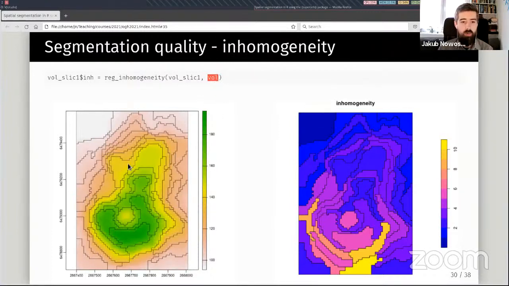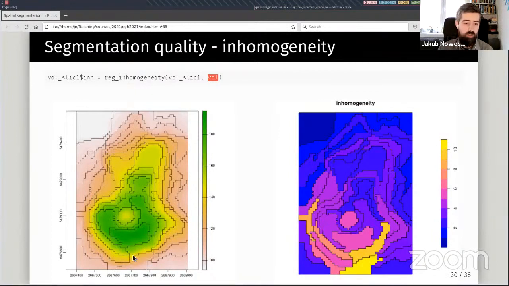So you can see our original data on the left and the values of inhomogeneity on the right. You can see that for most of them inhomogeneity is quite low. So this means that they are fairly internally similar to each other. But there is one superpixel here, which is quite inhomogeneous. And you can see here why is that?